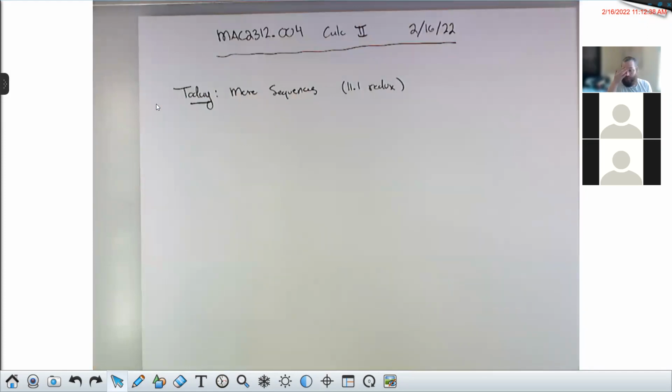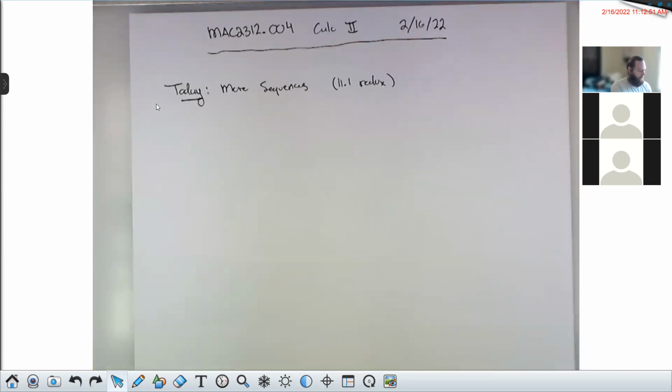We know now what sequences are, and we have a notion of convergence for them. We know that in order to discuss whether a sequence converges or diverges, we need to take the limit as n goes to infinity. That is the game.